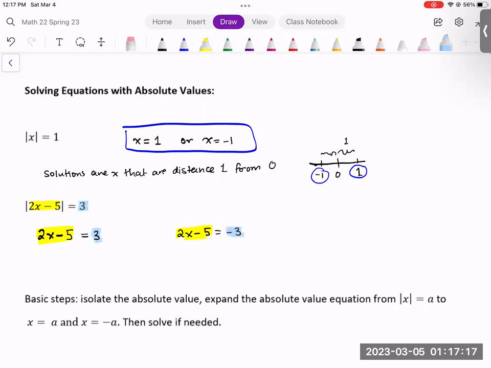So the two ways that we can make this happen. And then we're going to solve each of these resulting equations. So we find 2x equals 8, and so x equals 4, or we find 2x equals 2, and so x equals 1. And so these are the two solutions.